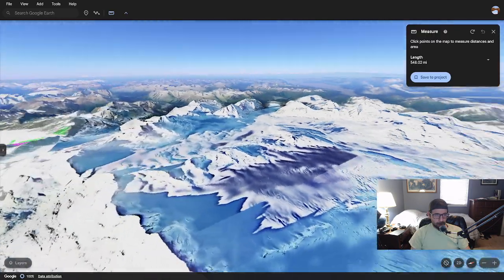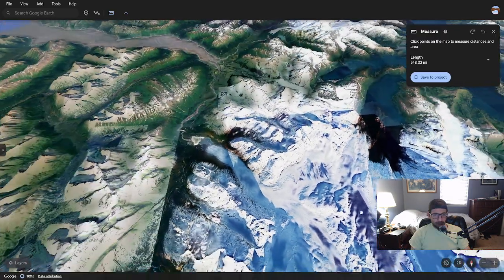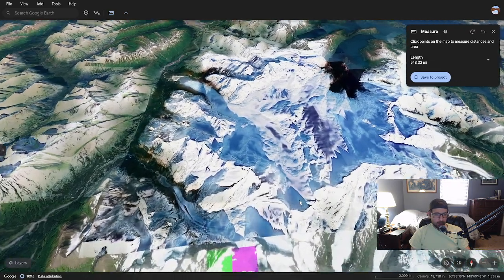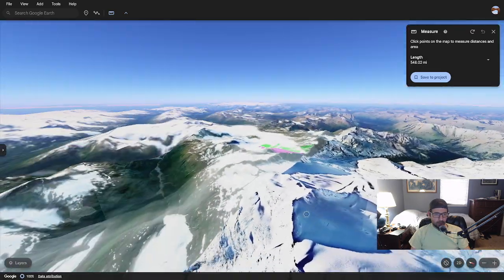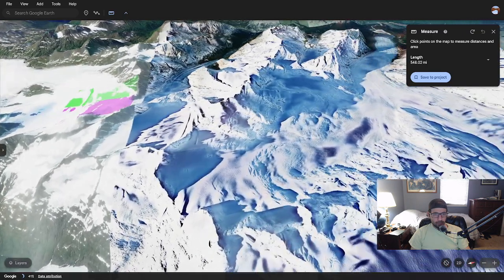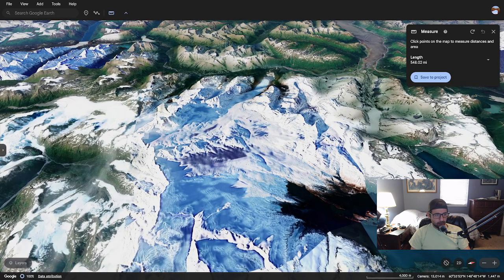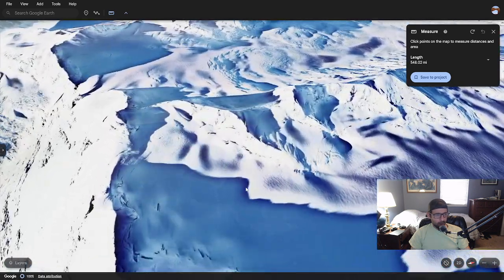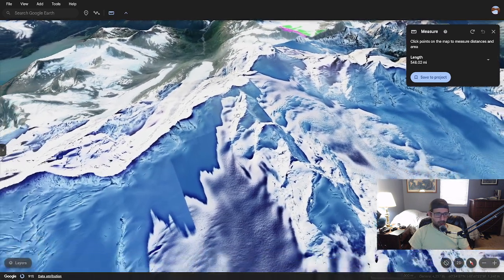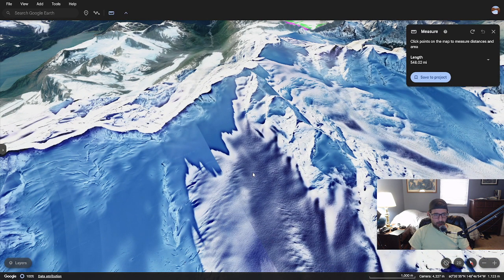Notice, there it is. Here's the peak, I believe. Yeah. For some reason the color, here we go. One, just for comparison, 1123 meters, 1400, 1300, 12, 15.